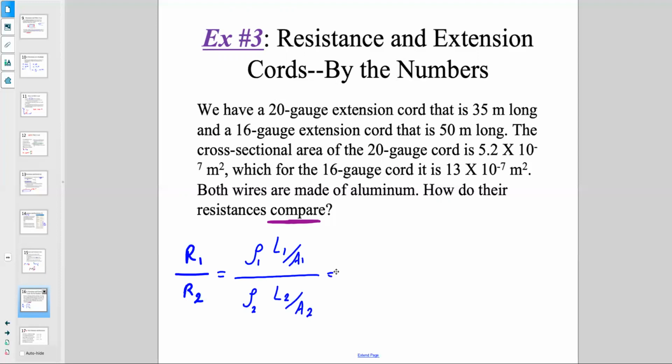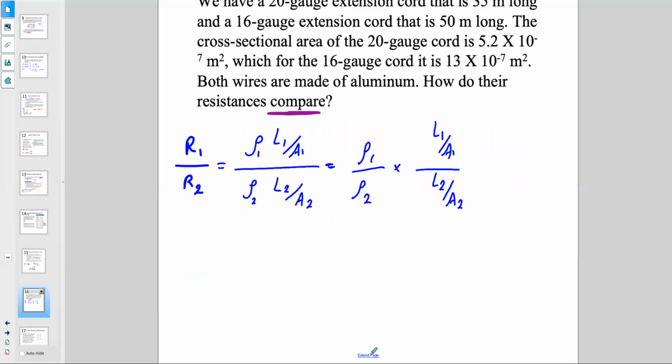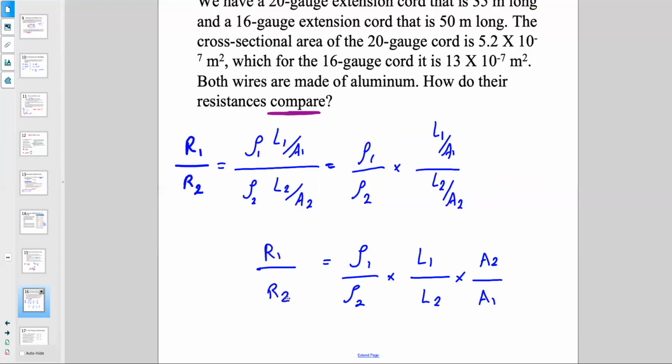So what we have here is rho 1 over rho 2 times L1 over A1 over L2 over A2. I can write this as rho 1 over rho 2 times L1 over L2 times A2 over A1. That's how you can compare R1 with R2, by making a ratio out of them.